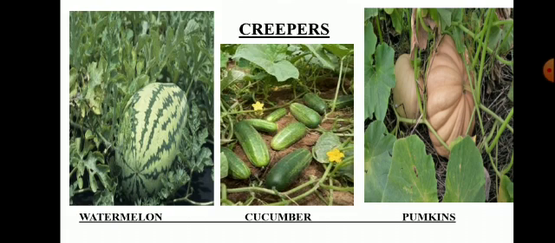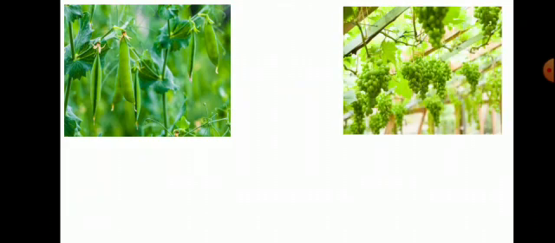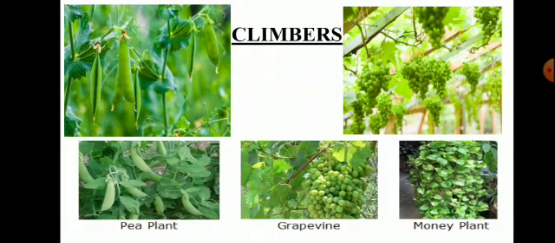Then we go to climbers. These are also plants with a soft and weak stem, but instead of spreading on the ground, they take support of a nearby object to climb up. You see the grapevine; it is supported by a wood. Then the money plant.